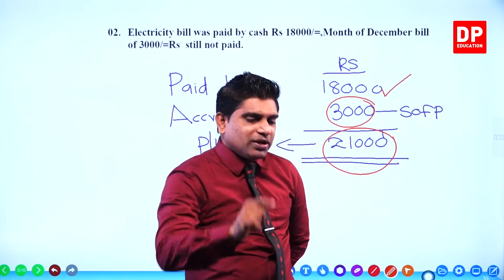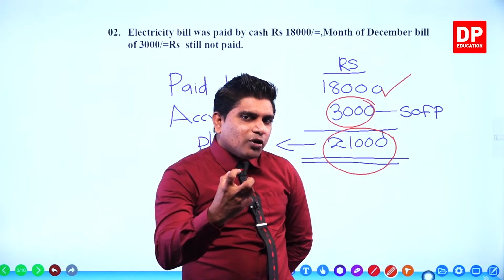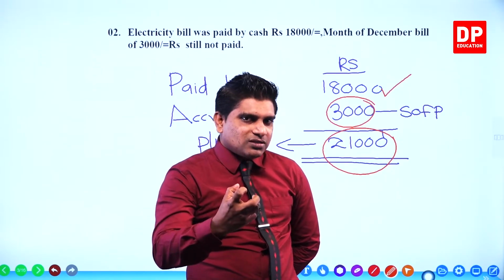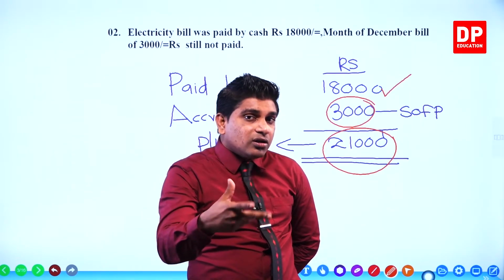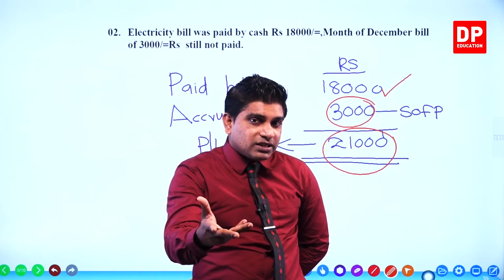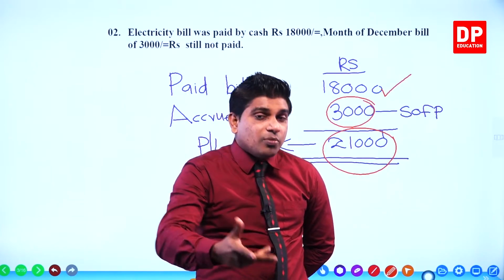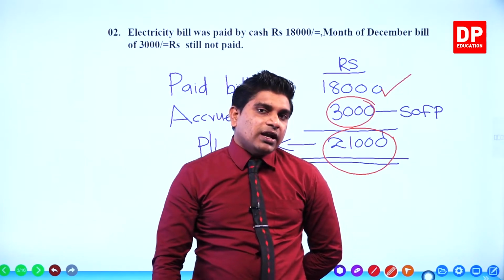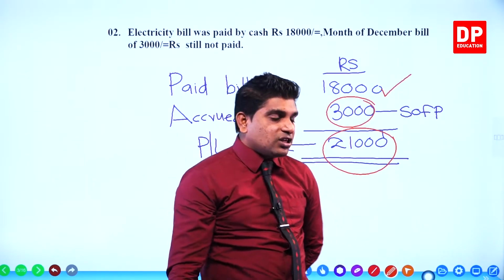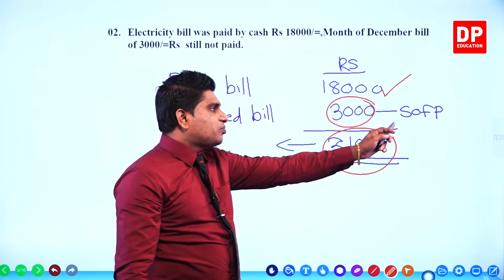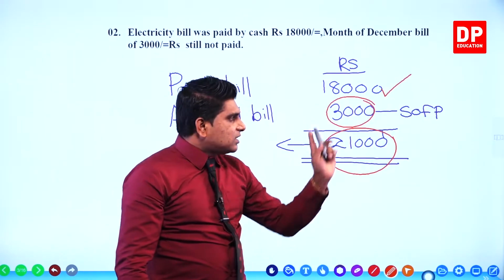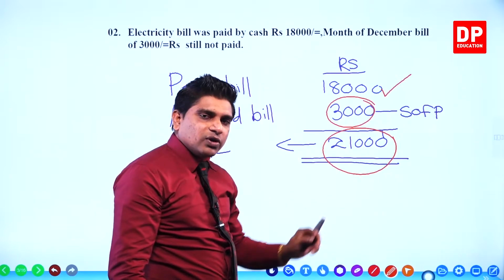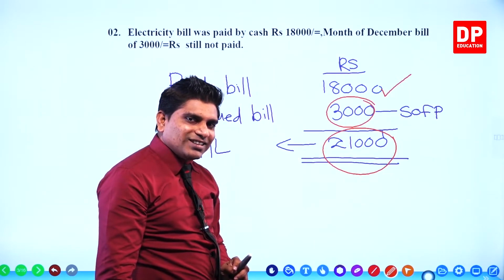But you remember, only the portion of the expense still not paid, it means what you have to pay, how much you still have to pay, that accrued expense portion you write under the current liability in the statement of financial position. This is just the calculations, right?